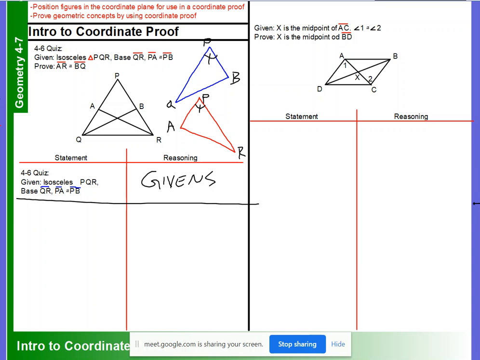Okay, I will. PQ is congruent to PR because of the definition of isosceles triangle. Okay, so PQ is congruent to PR.